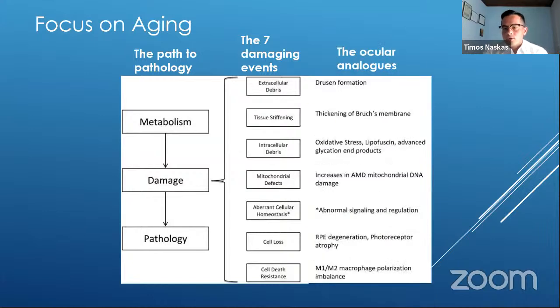And the ocular analogs for AMD are drusen formation, which comes with age, the thickening of Bruch's membrane, oxidative stress, and other material gathering at the back of the eye, changes in the cells, such as mitochondrial defects, which in the eye results as mitochondrial DNA damage, and cell loss.